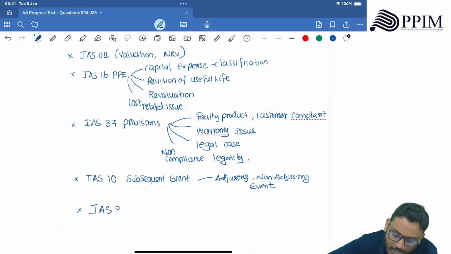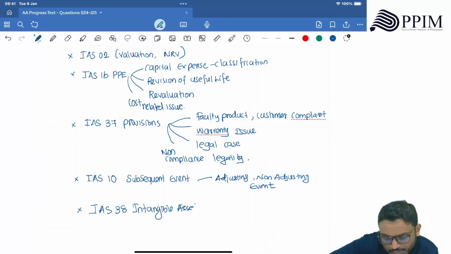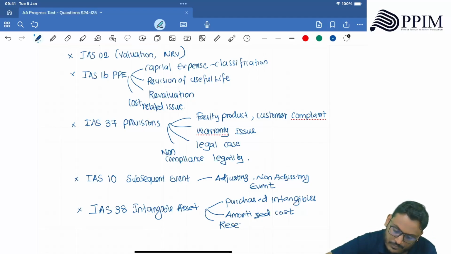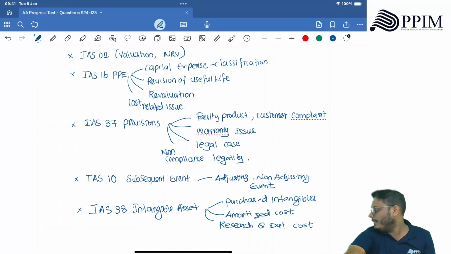IAS 38, intangible asset. Purchased intangibles, amortized cost, research and development cost.